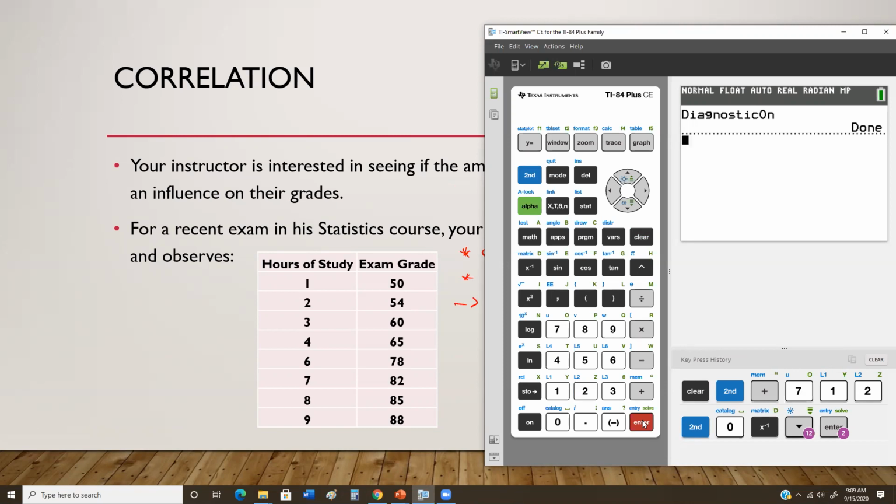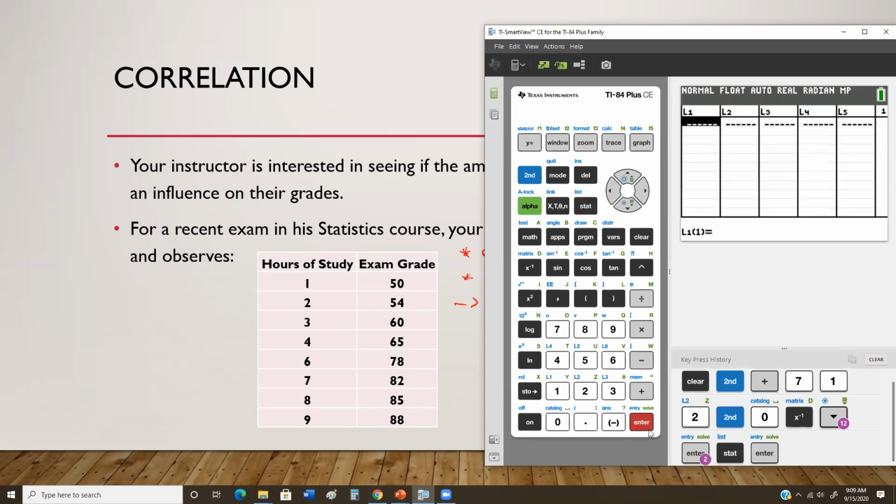So what I'm going to do is take this data and input it in my calculator. So next I'm going to hit the stat button. And under number 1, I'm going to edit the list. And in L1, always put your explanatory variable. So it's hours of study. So it's 1, 2, 3, 4. Oh, I'm missing a value of 5. Okay. 6, 7, 8, 9.